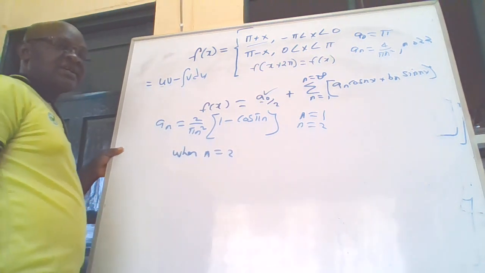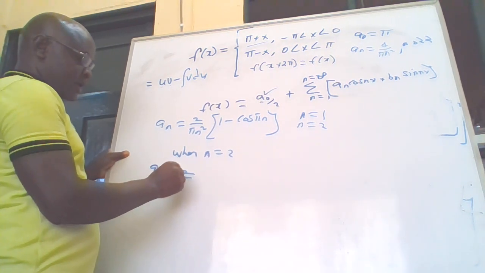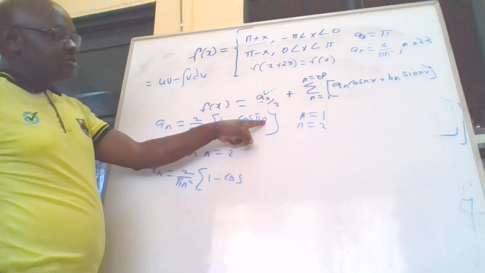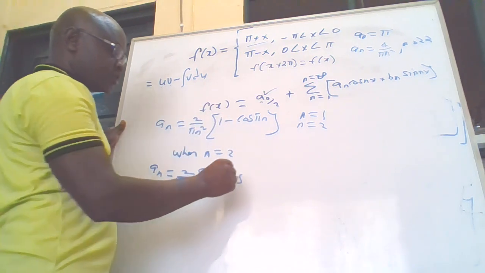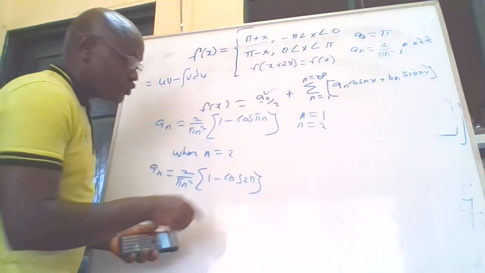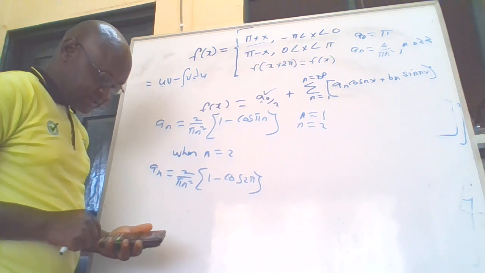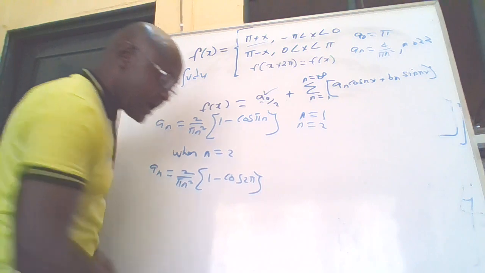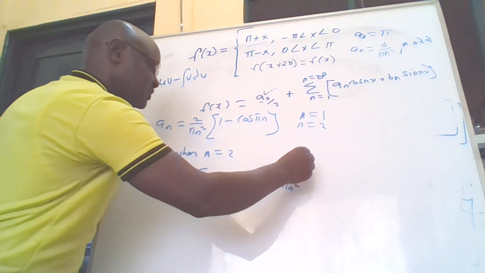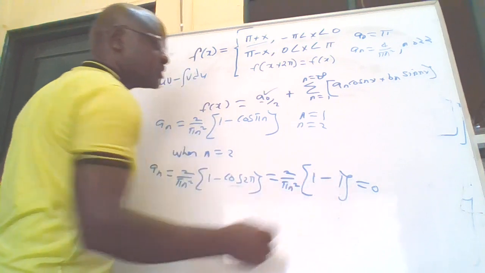When n is even, our an will be equal to 2 over pi n squared into 1 minus cos, now n is 2, so this will be 2 pi, it will be minus cos 2 pi. Cos 2 pi is the same as cos 360, and cos 360 is 1. So meaning this equals to 2 all over pi n squared into 1 minus 1, which equals to 0.